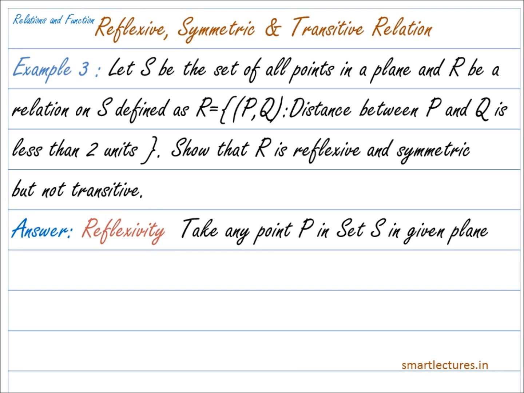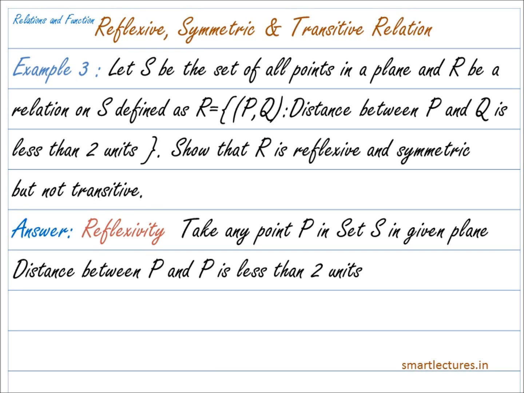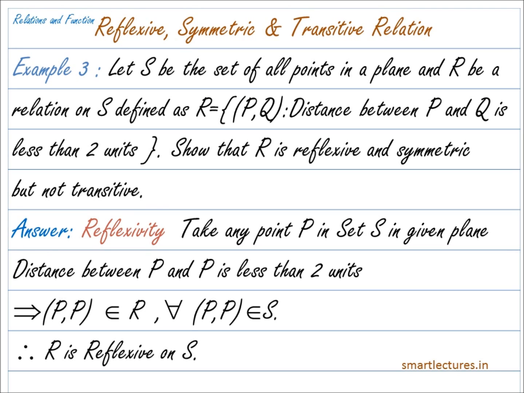That is, the distance between a point and itself is always 0, which is less than 2 units. So (P, P) belongs to the given relation. So (P, P) belongs to R for all P which belong to the given set S. So R is reflexive on S.